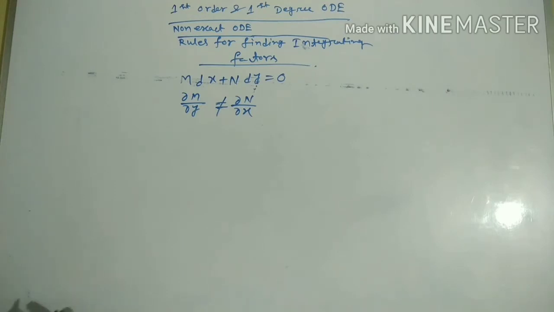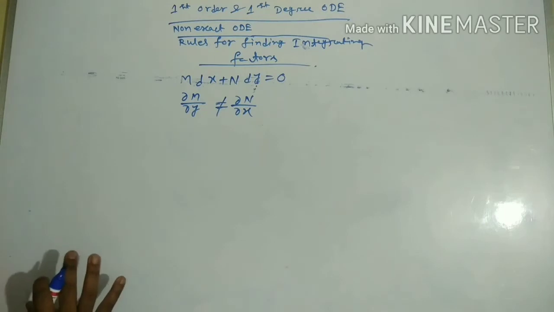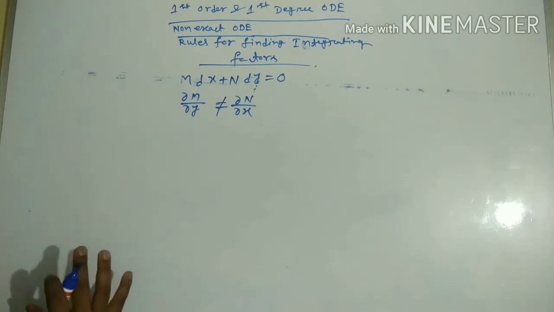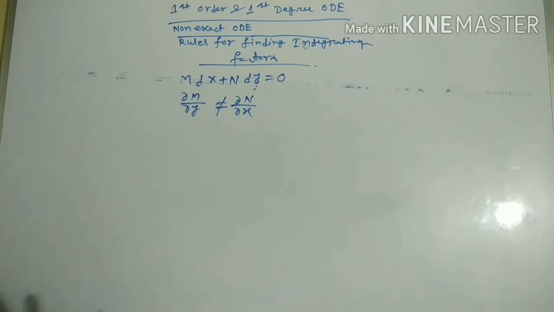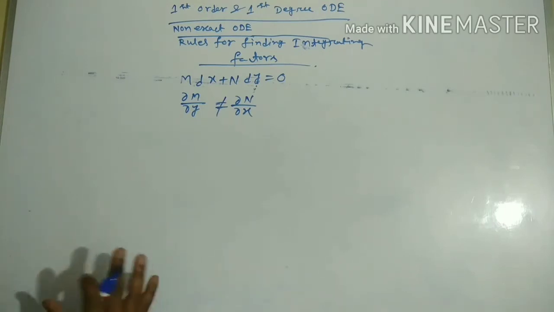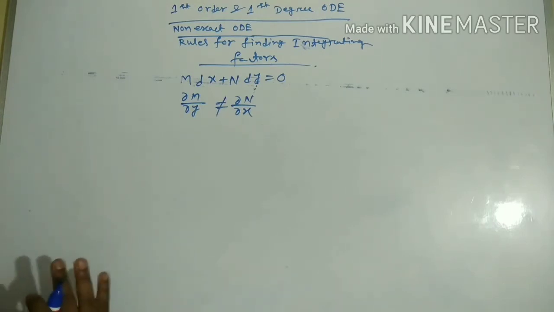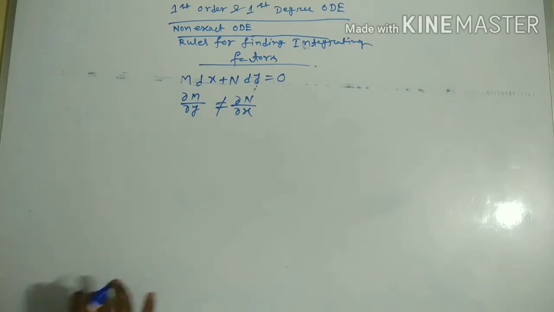To convert non-integrable functions into integrable functions, we need a certain function by multiplying which that ODE becomes an exact ODE. That certain function is called the integrating factor.